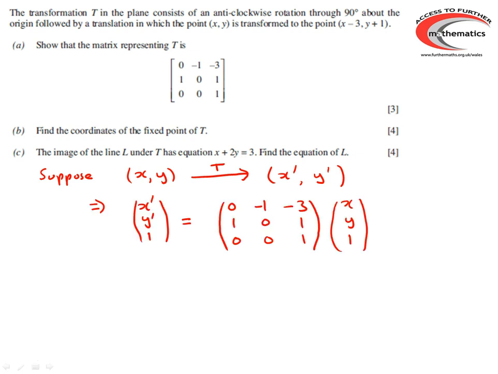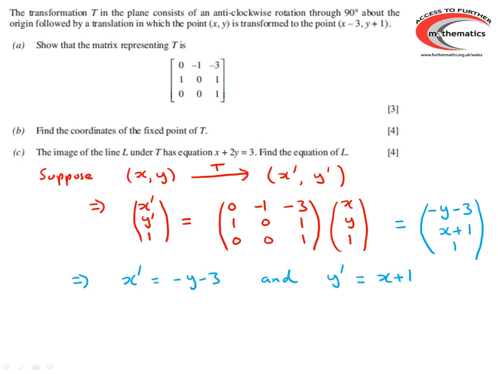Then we have (x', y', 1) must be the matrix times (x, y, 1), which we already know gives me (-y - 3, x + 1, 1). So that means that we've got x' = -y - 3 and y' = x + 1.